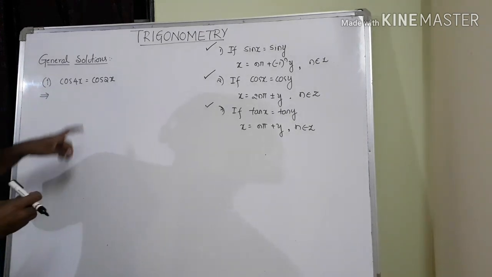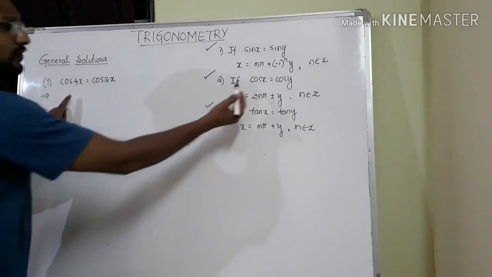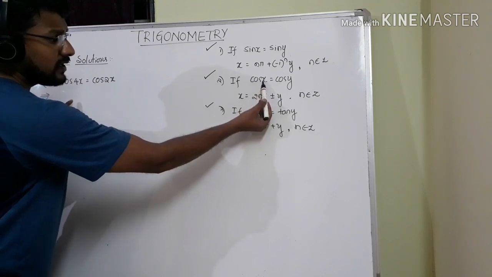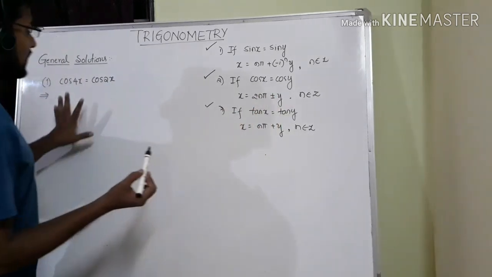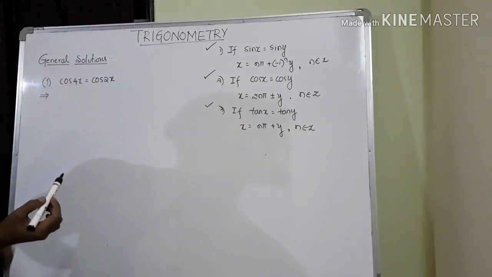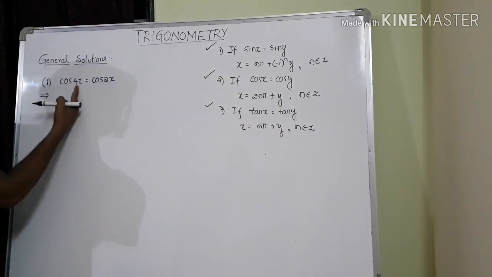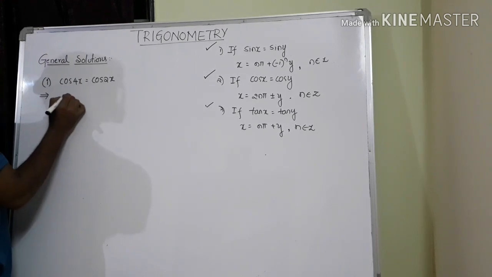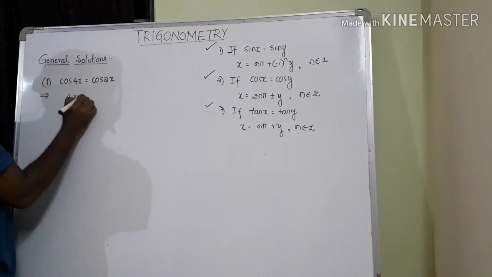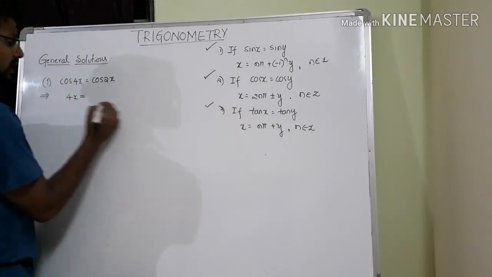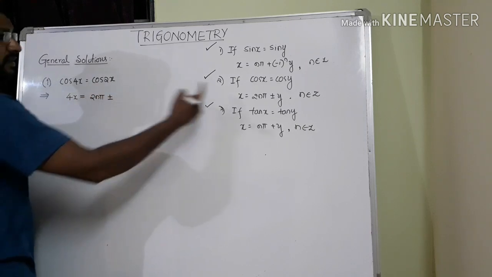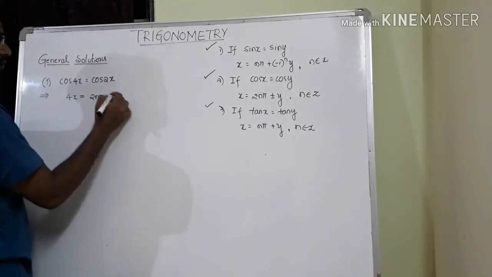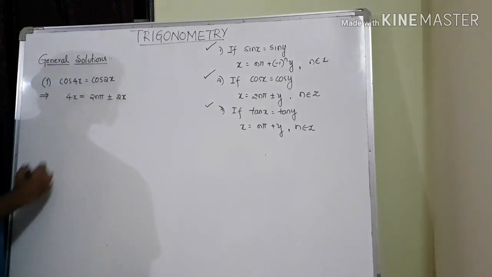In the place of x, they wrote x, and in the place of y they wrote y. So let me see what I have in the place of x and y respectively. In the place of x I have 4x. So let me write this as 4x is equal to 2n pi plus or minus, in the place of y I have 2x.